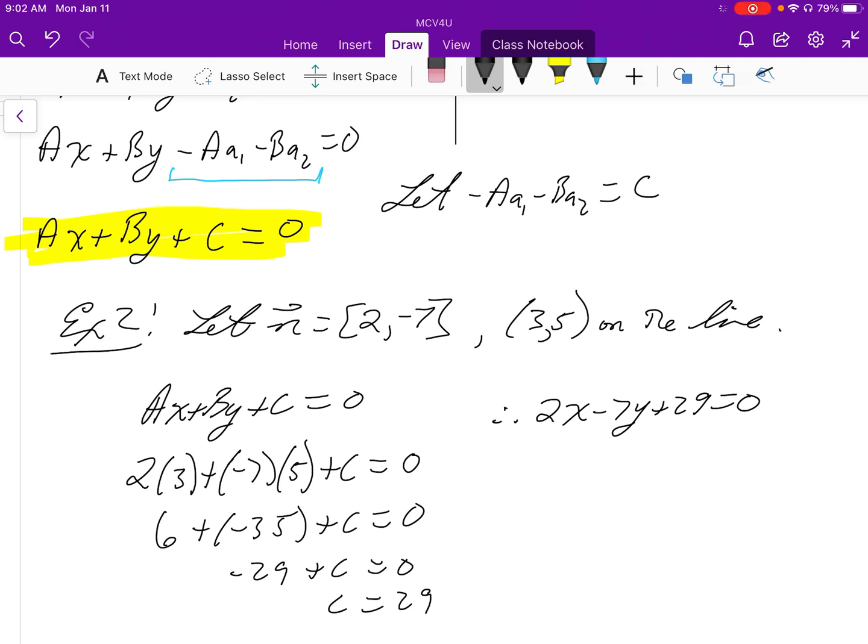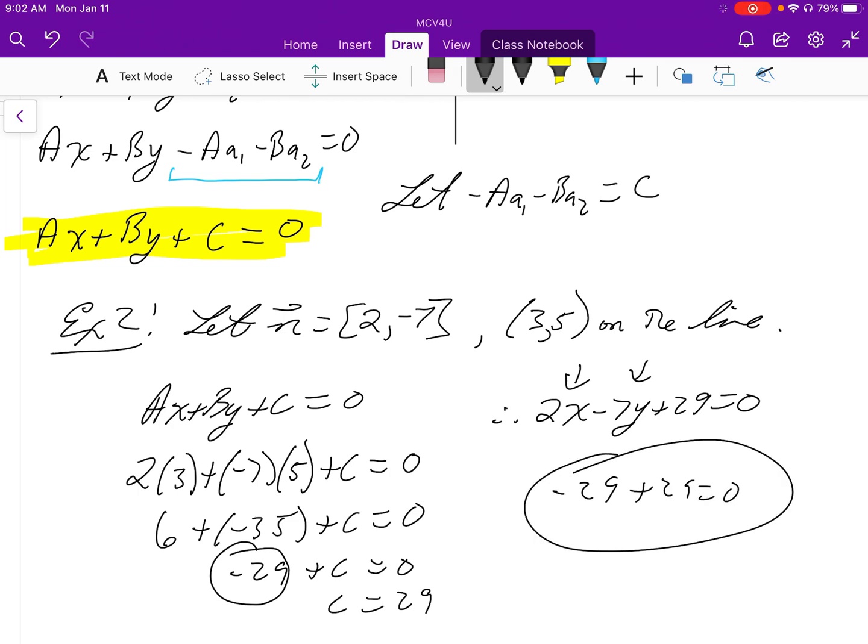If we substitute in the 3 and the 5, we get negative 29 plus 29, which is equal to 0. That's how we find the scalar equation of a line in 2 space.